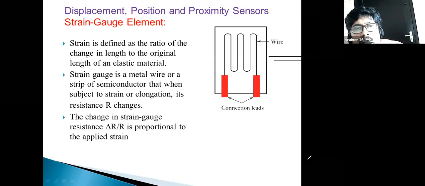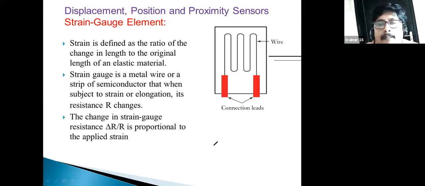This strain is linked to one of the resistors of the Wheatstone bridge, thereby the resistance changes. This change in resistance in turn changes the voltage, and from the change in resistance we can find out the strain induced in that beam. Next, we will go to the next slide.